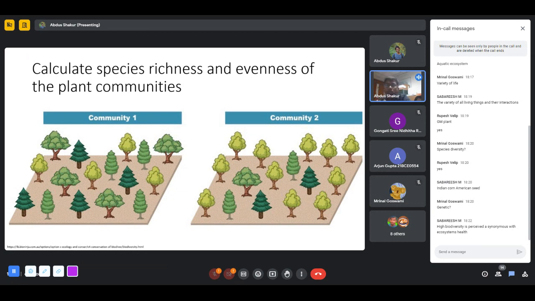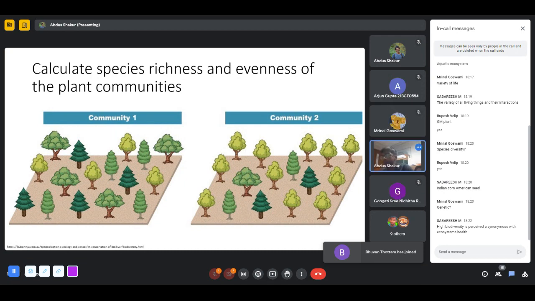Here, as you can see, a researcher has gone to identify the plants in an area, let's say two different forests. One is in Karnataka, the other in Kerala. He put up some plots, like 10 by 10 meter plots, and wanted to identify what species are there, what the species richness of the two plots is, and which site had higher species richness.